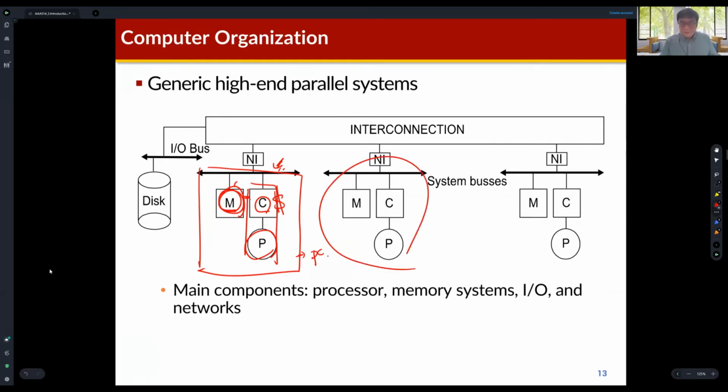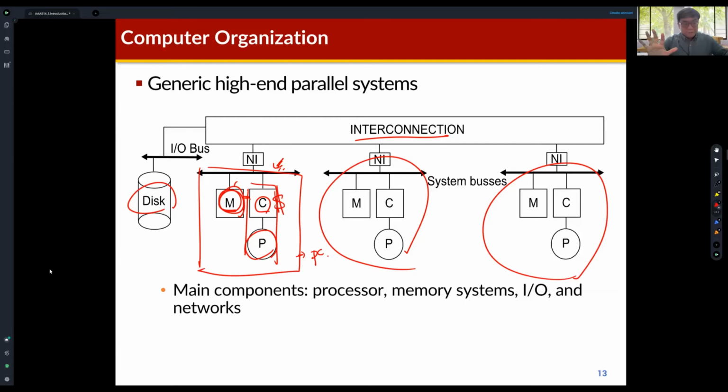And then another core and memory is connected via an interconnection network, and through this interconnection network, storage devices and other I/O devices are connected. This is the general organization of high-end parallel systems.